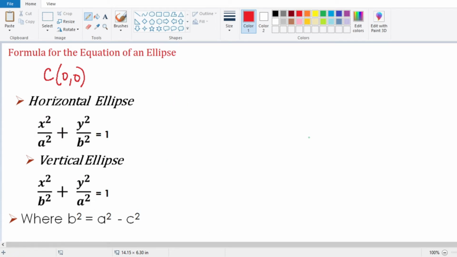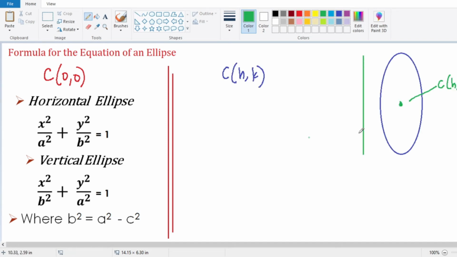Moving on to the other two formula for the equation of an ellipse. Kapag ang center naman niya ay located this time at HK. So, let's just say na yan yung ating X and Y axis. So, ito ngayon yung center ng ating ellipse. The equation that we need here is parang yung sa may circle lang din, at saka dun sa parabola.